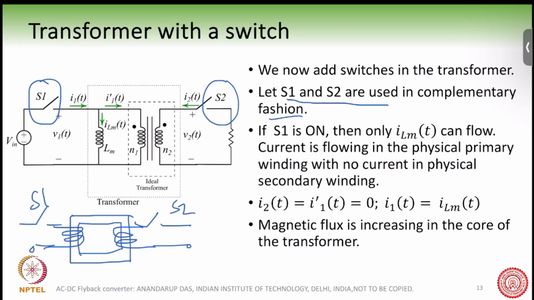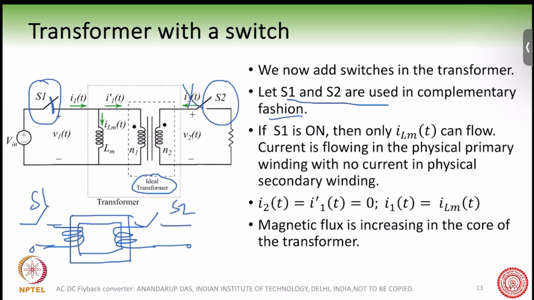Now, when S1 is on, what will happen if S1 is on and S2 is off? Remember, this part of the transformer is an ideal transformer. So if S2 is off, I2 cannot flow.